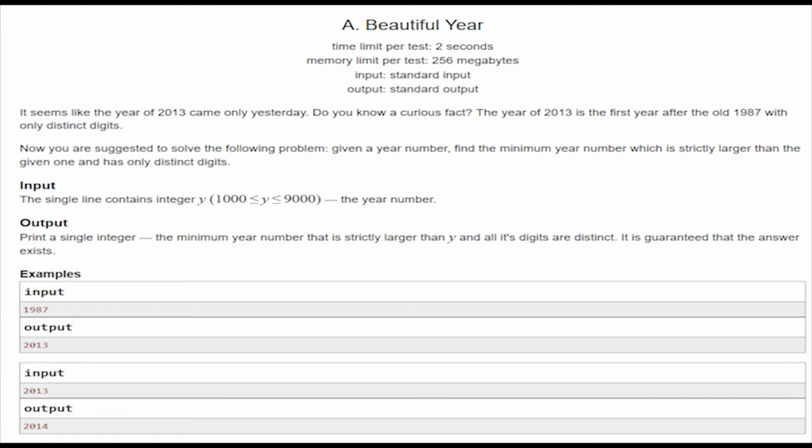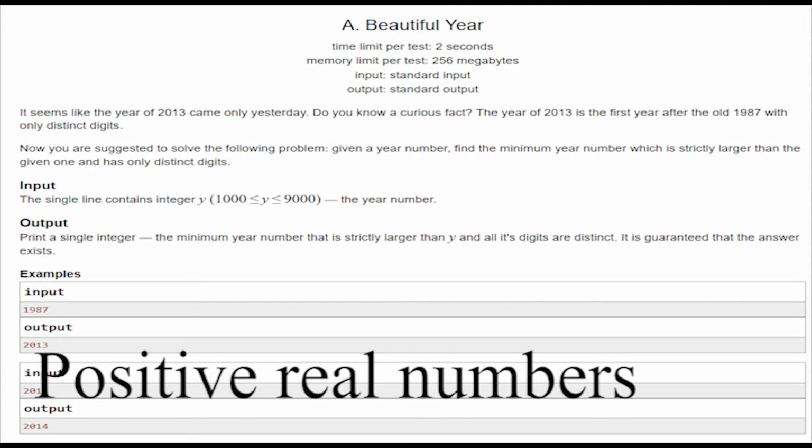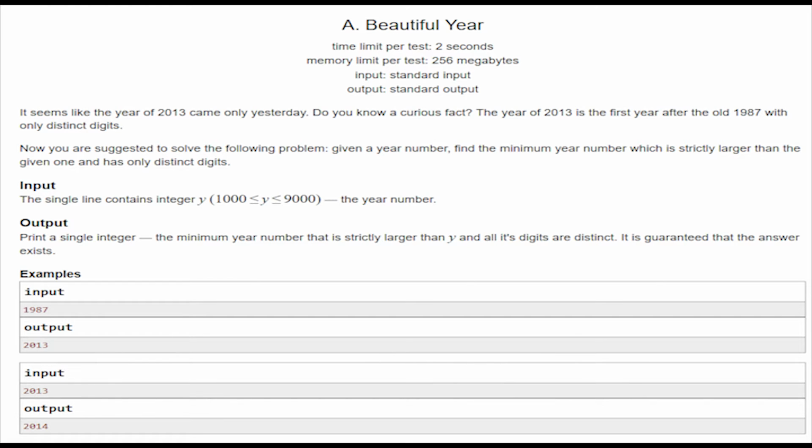So we are working within real positive integers as a system for our problem. Now, I would assume that most of us understand the system, but for more complex problems, we would ideally go over the system if we are unsure about our knowledge about it.